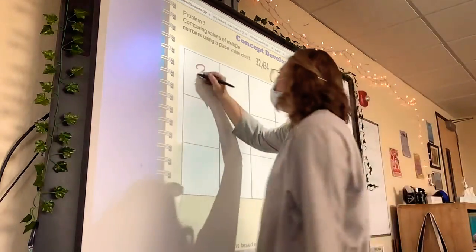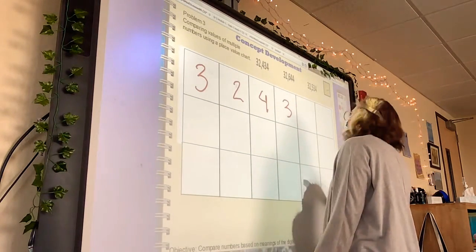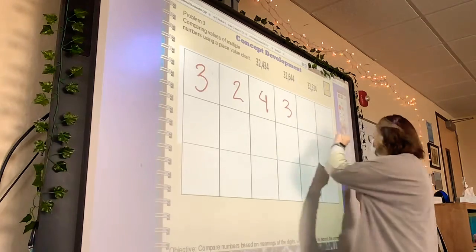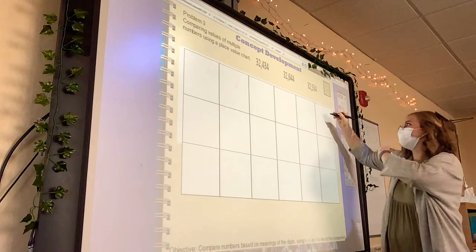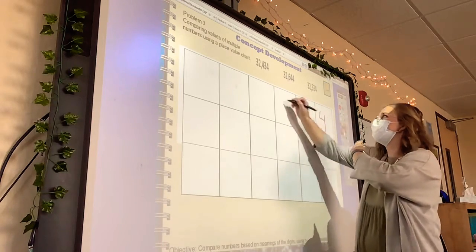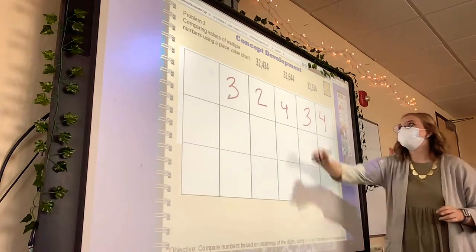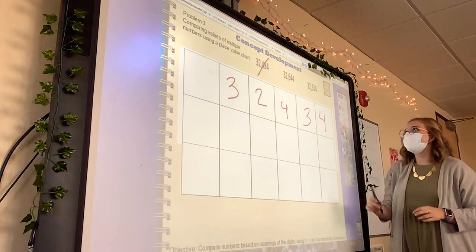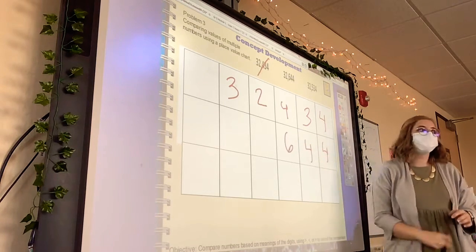So I have 32,400. Oops. This is why we should start from the right, because I get tripped up. All right. I'm going to start from the right. So I have 4 ones, 3 tens, 4 hundreds, 2 thousands, 3 10,000s. That one's taken care of, okay? Then I have 4 ones, 4 tens, 6 hundreds, 2 thousands, 3 10,000s.